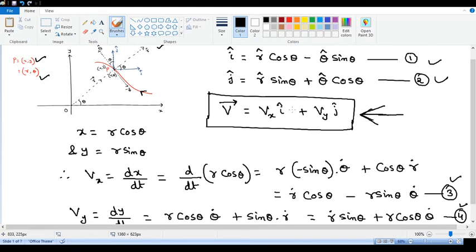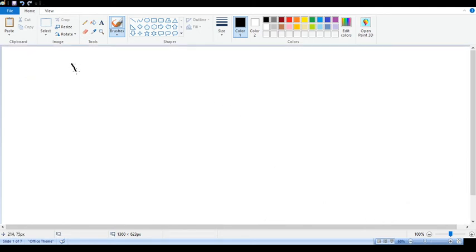If we now replace all these i cap, j cap, vx, vy in this equation, then we will finally obtain v vector equal to r dot r hat plus r theta dot theta hat.